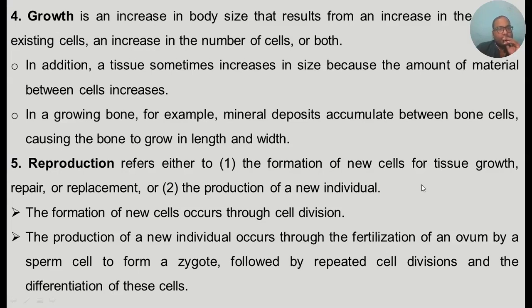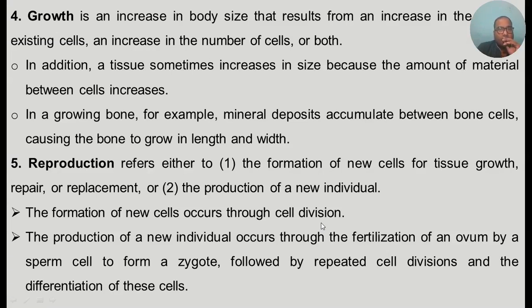The formation of new cells occurs through cell division. You may have studied cell division. One cell grows, matures, and divides into two daughter cells. Those two daughter cells again grow in size, mature, and re-divide into four new daughter cells. So this process of cell division goes on.